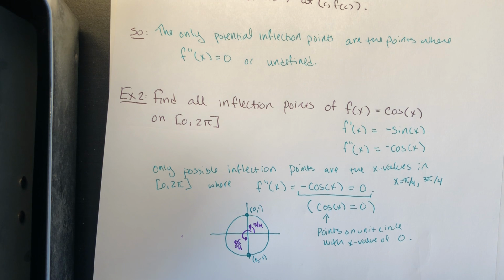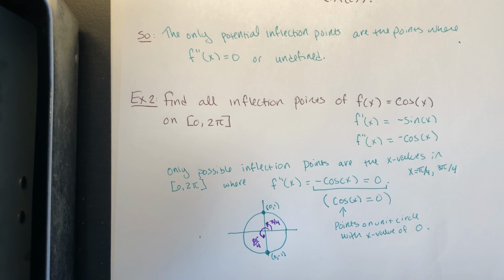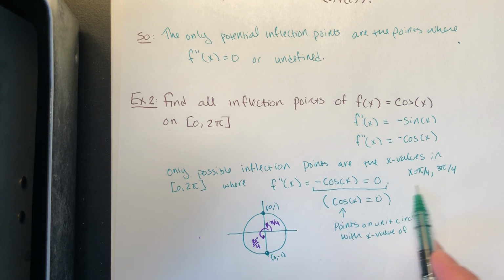However, we don't really know for sure that the concavity is changing there, because sometimes you have these potential inflection points that don't turn out to be inflection points at all. So to test whether those are actual inflection points, we need to know whether the function is actually changing concavity there.